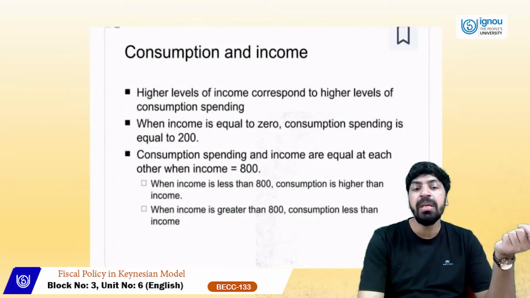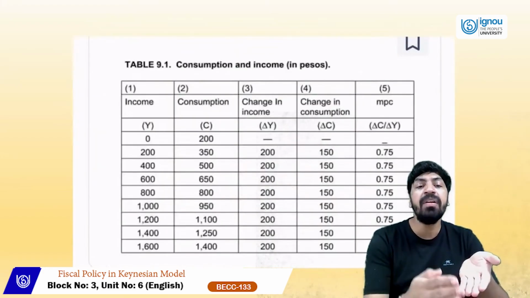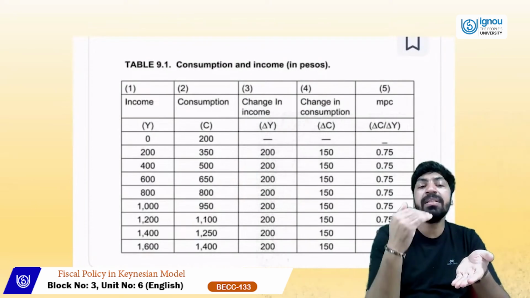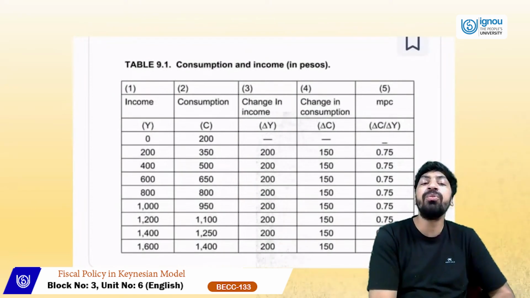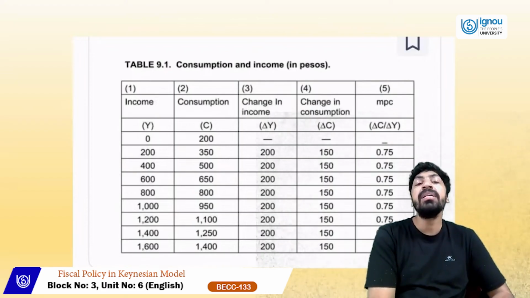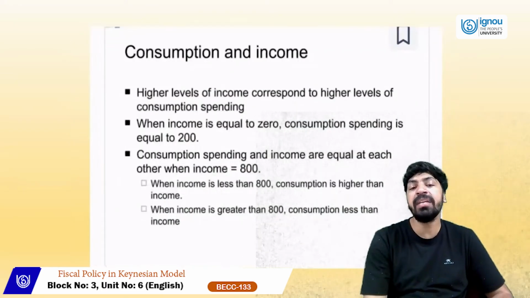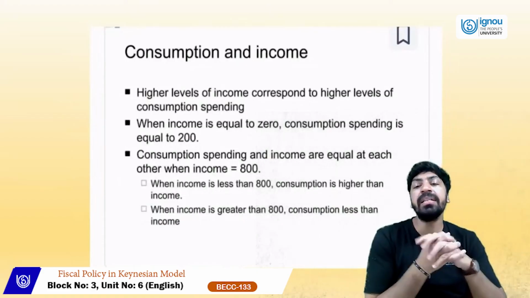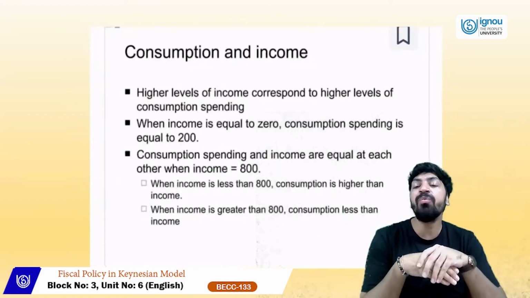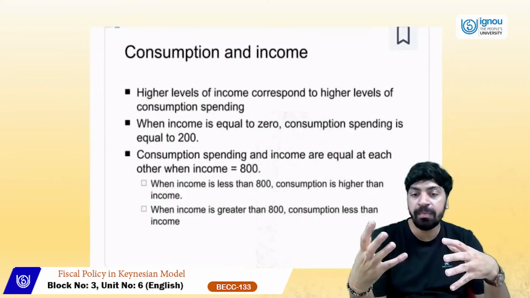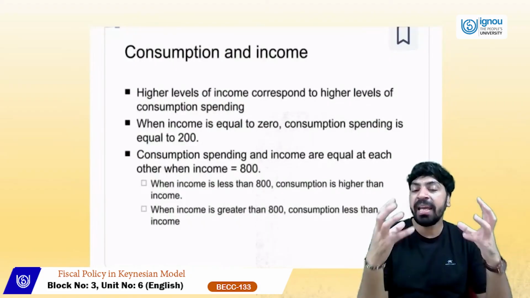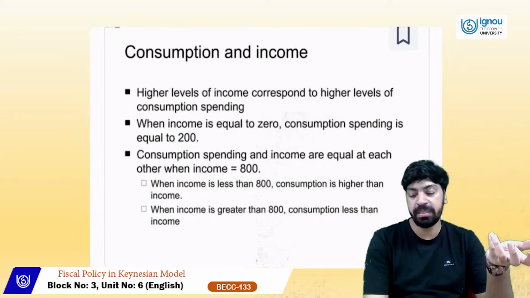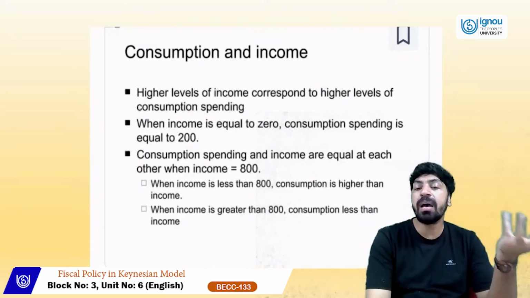In the table, the incomes less than 800 are 0, 200, 400, 600. So when the income is less than 800, consumption is always higher than the income, and the consumer buys more and more units in respect of their income.